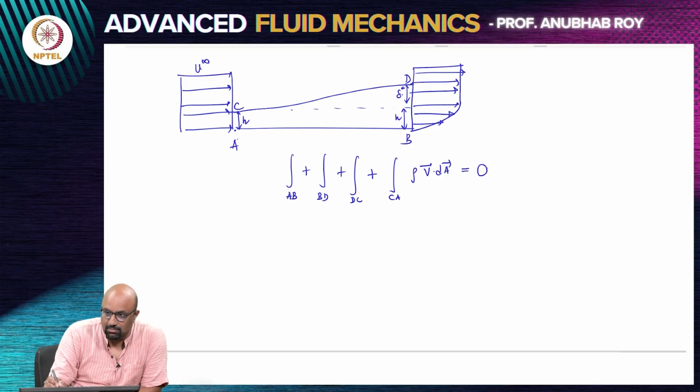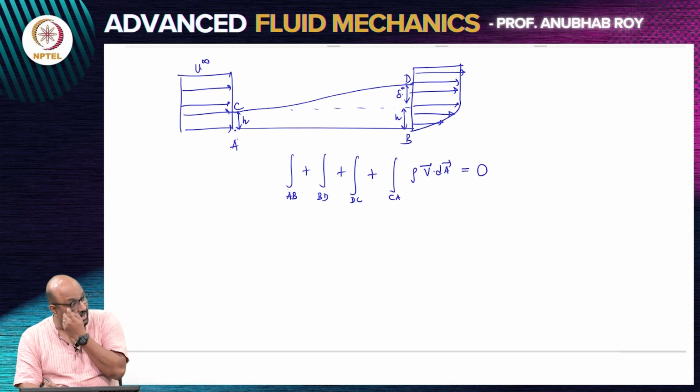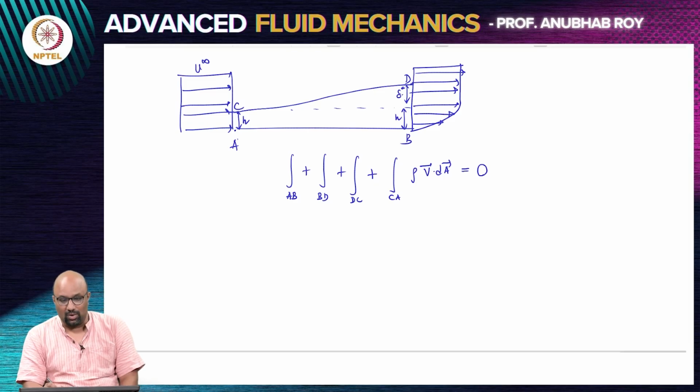If I just consider that particular region, I have these 4 boundaries in the problem, and if I integrate this and compute the amount of mass that is coming in, mass conservation just tells me what comes in should go out. It is a steady problem, there is no accumulation, and there are no sources and sinks in the problem. So, in steady state this is what I should get.